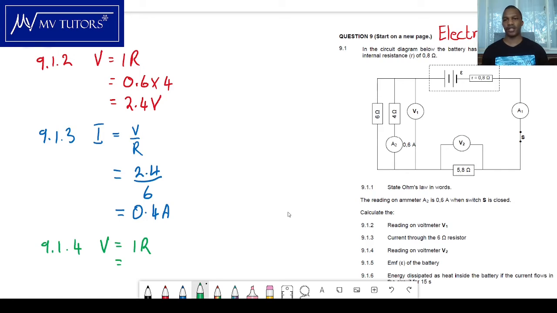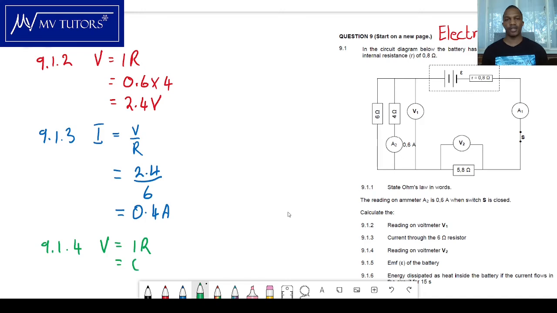First of all, we've got current that is actually flowing over here. Remember, if it's water, it's coming here, and then it's coming here as well. We've calculated the water that's coming into the 6 ohm one. Now we need the current that's coming into the 4 ohm one, and we have it as 0.6, and the water that's coming out here is like the total current.